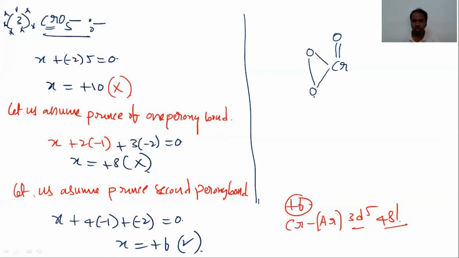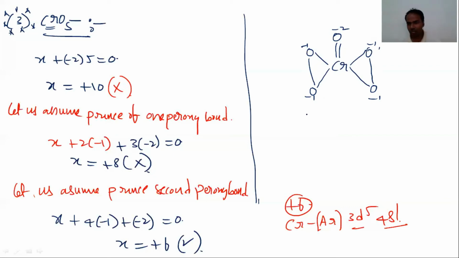This is an OO bond, one peroxy bond, other OO bond, one more peroxy bond. So for these two peroxy bonds, -1, -1, this oxygen -1 and -1. For this oxygen, that is -2. Then what is the chromium oxidation state total? That is +6.